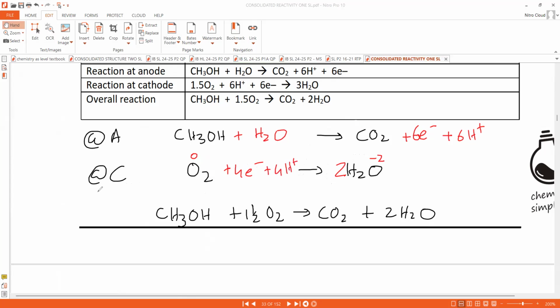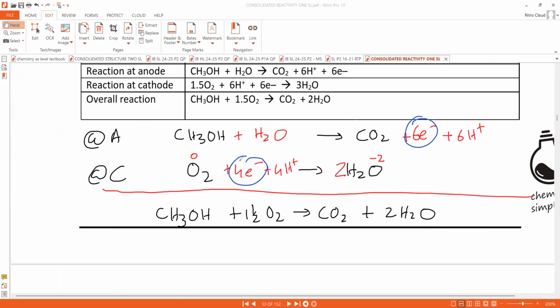Now if I have to write the overall equation, I need to equalize the electrons. 6 electrons lost, 4 electrons gained, not equal. So I need to multiply this by 1.5 because 1.5 times 4 is 6. So this is 1.5, this is 6, this is 6, and this becomes 3.